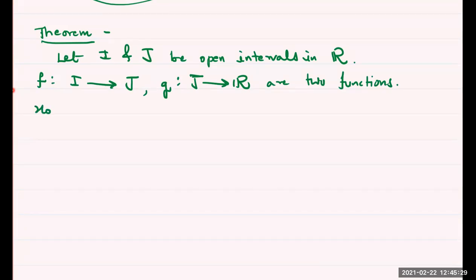Then x naught is a number in I such that f of x naught is equal to y naught, which is in J. Okay.